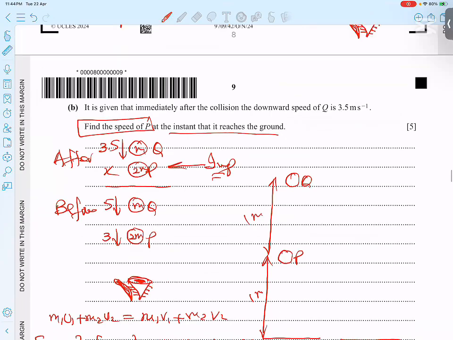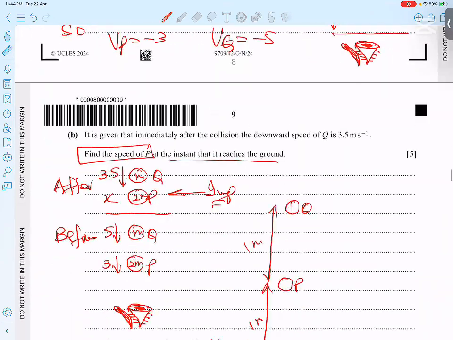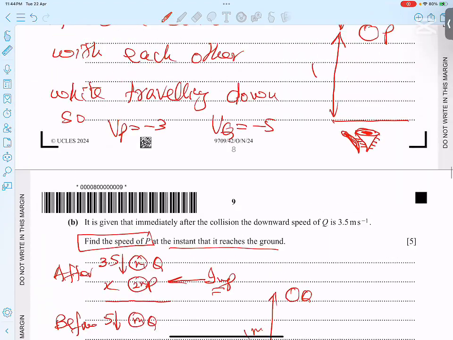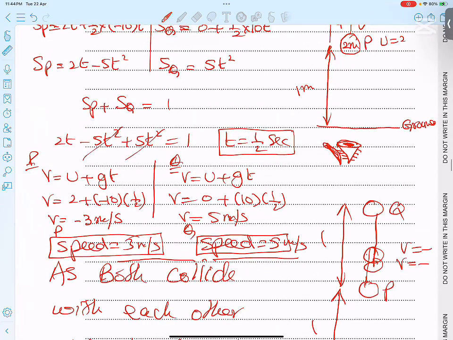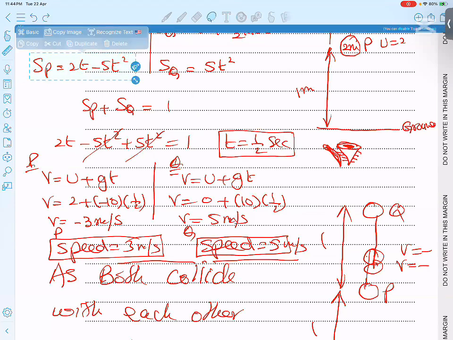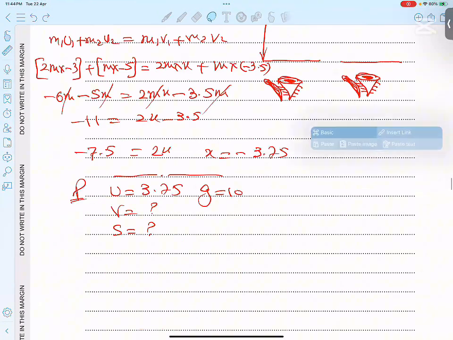We can get the distance by looking at when the P particle was traveling. This is the distance of the P particle when it was traveling upwards. If I plug in this half in this and this, let's have a look. I'm going to copy it and paste here.